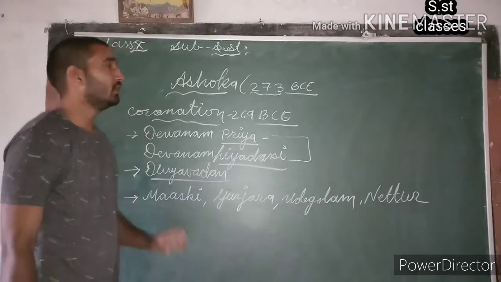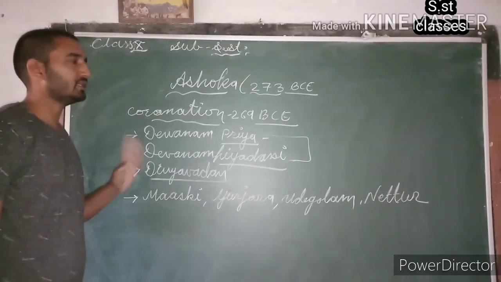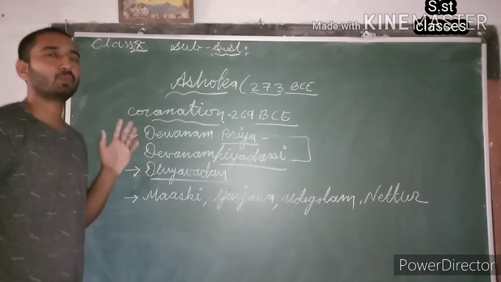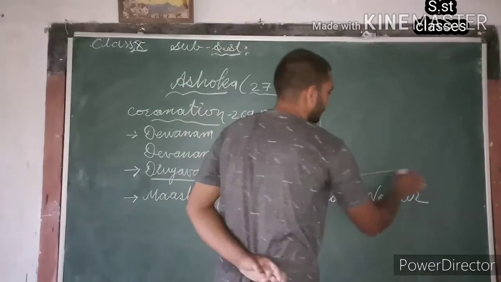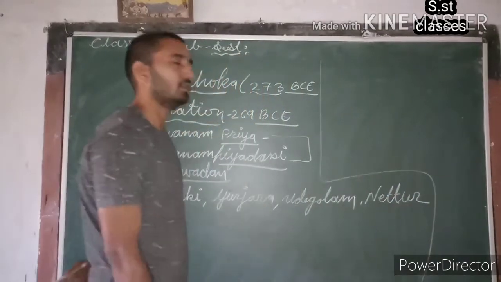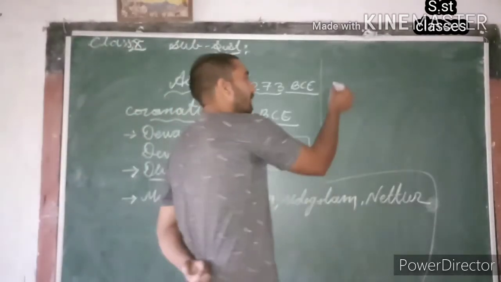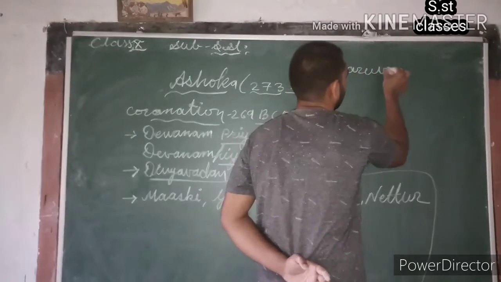Is that clear? Now, according to the rock edicts of Ashoka, we get information only about one queen of Ashoka. Means in the rock edicts of Ashoka, we find mention only the name of one queen, and that is Karuvaki or Charuvaki.